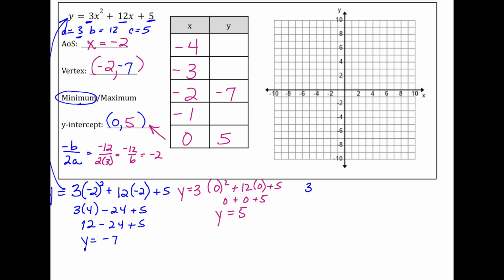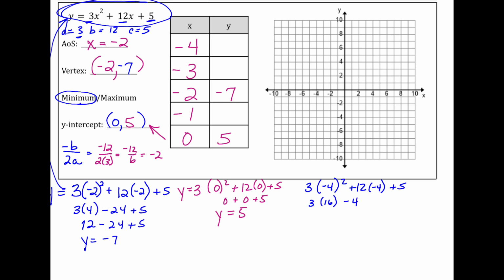So we've got 3 times -4 squared. Again, remember, we're using this original equation up here. Plus 12 times -4. And then plus 5. So 3 times 16. Be careful that you're putting that into your calculator correctly.